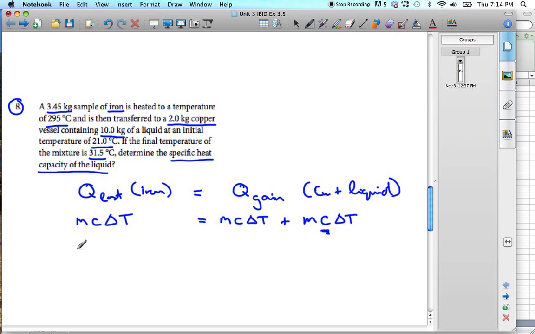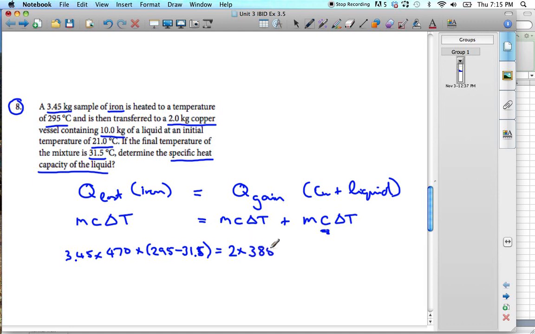So we can put our numbers in here. We're going to get 3.45 times the specific heat capacity of iron, which is 470, times the change of temperature, which is 295 minus the final temperature, 31.5, and that equals the mass of the copper, which is 2, times the specific heat capacity of copper, which is 385.